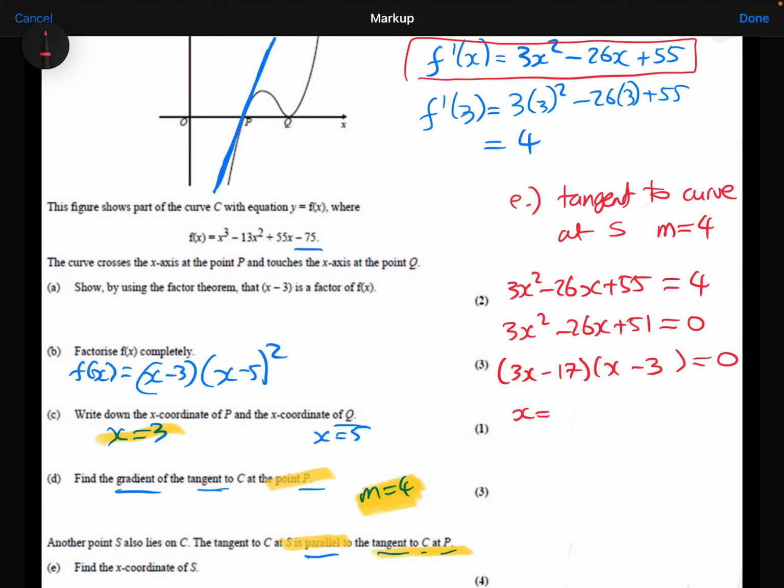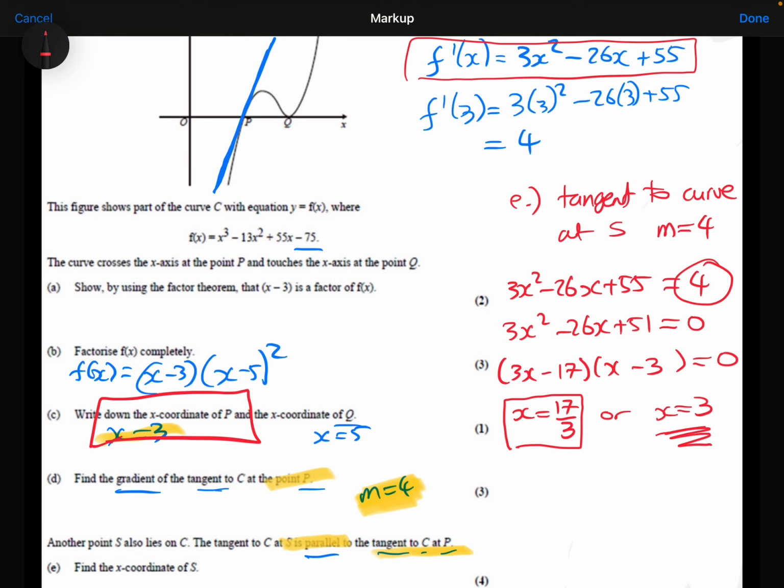So what we're saying is that if x equals 17 over 3, or if x equals 3, in either of these cases, then the gradient of the curve is 4. Well, when x equals 3, we already knew that the gradient was 4 there because that was the x-coordinate of point P that we already found.